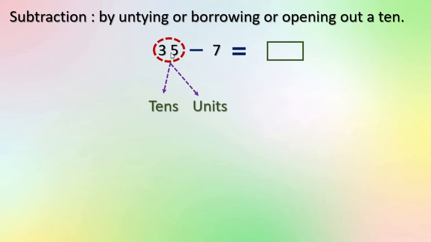So it became 15 units and 2 tens. Minus 7. So 15 minus 7 is equal to how much? 8, right? Here 2 as it is. So our answer is 35 minus 7 is equal to 28.